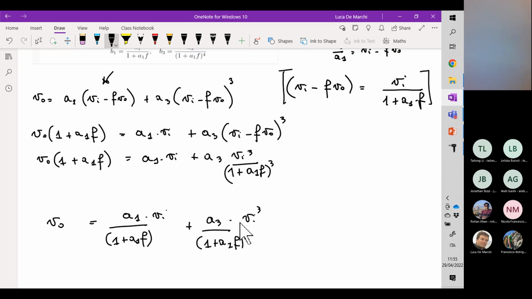Well, the output related to Vn is Vn, which is multiplied by the direct loop, which in this case is A1, and it is divided by the feedback effect.